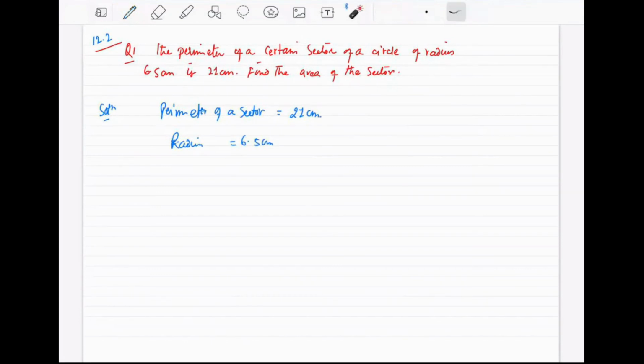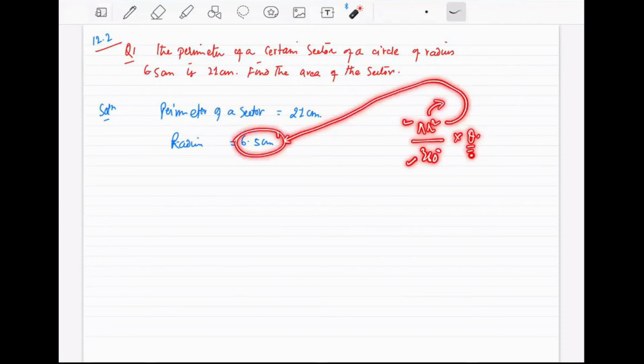The question wants the area of the sector. And as you have just seen, the area of the sector is pi r square by 360, multiplied by the sectorial angle. Pi and 360 are constant. The value of r is already given here as 6.5.